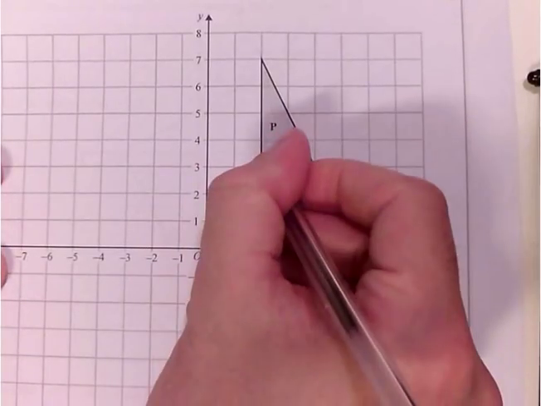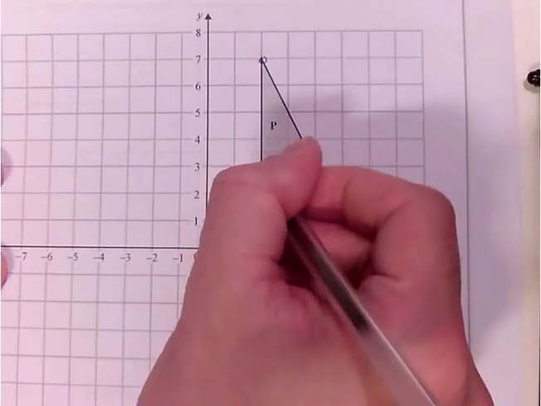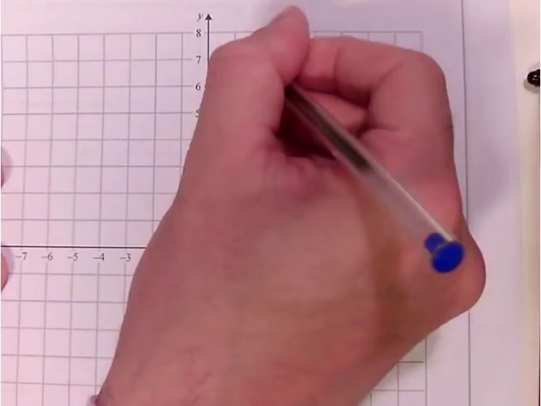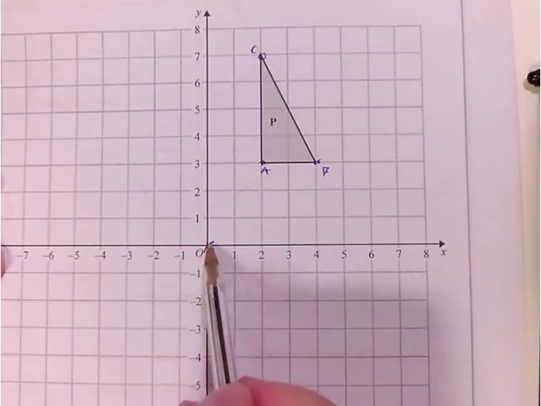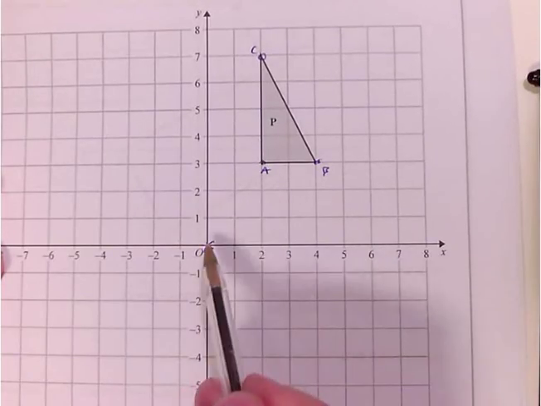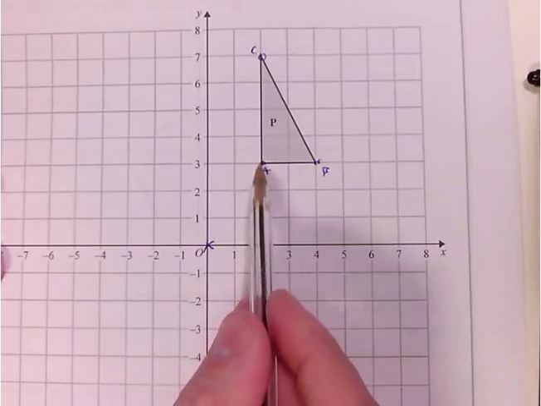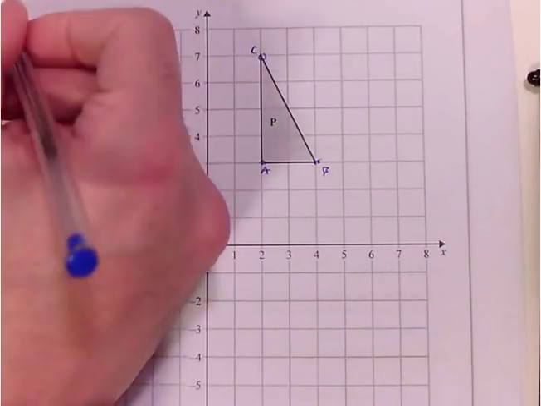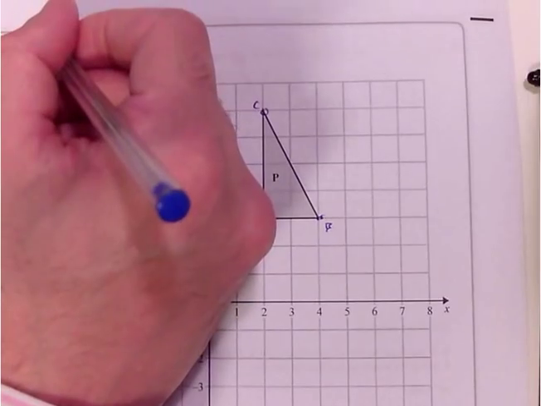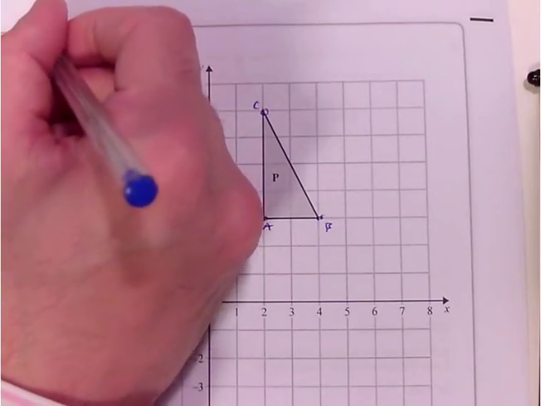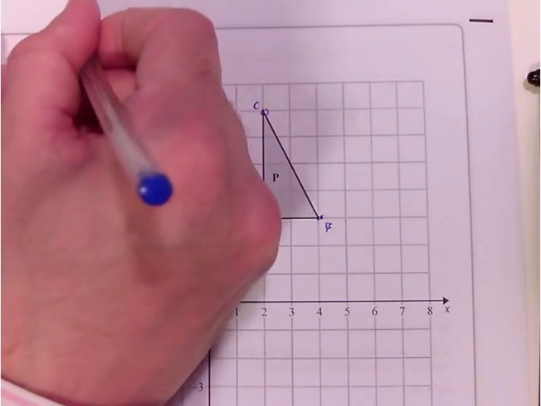I'm going to label them A, B, C. Now the vector I would have to move to get from here to here would be 2 right, 3 up. The vector for that would be 2 right, 3 up. There we go.